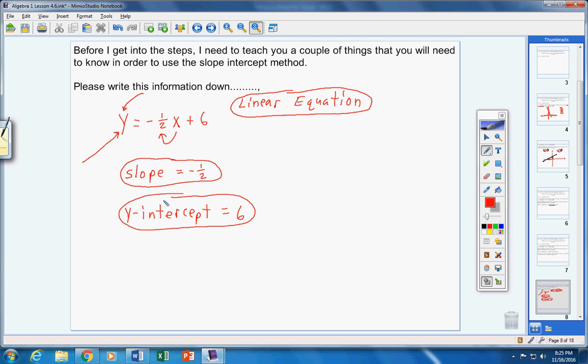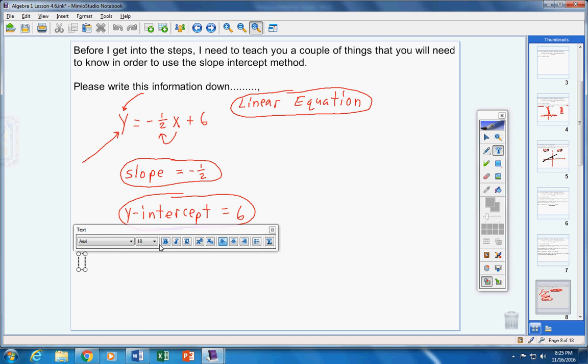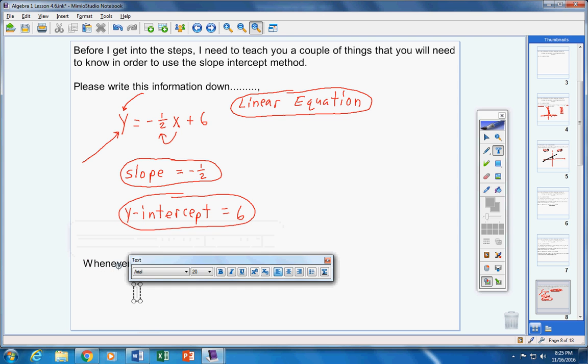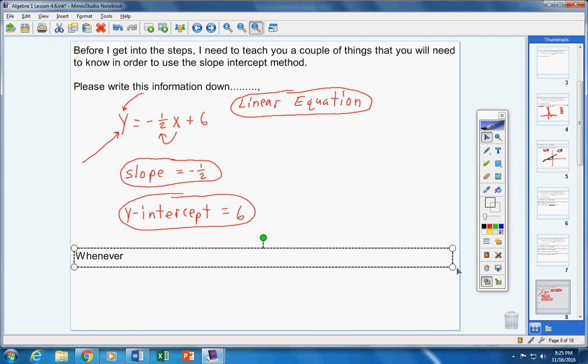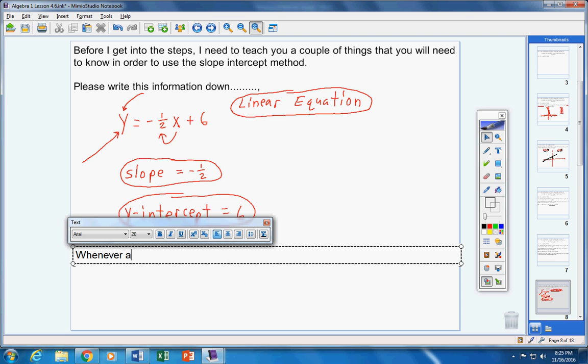In fact, I'm going to grab my keyboard here, and I want you to write that sentence in your notes, please. Here it is. Whenever a linear equation has y all by itself, you know two things right away.